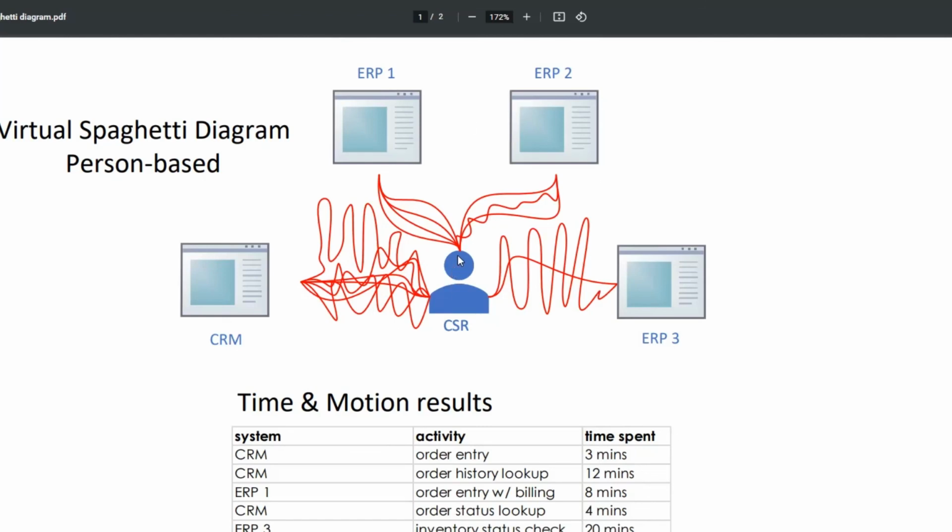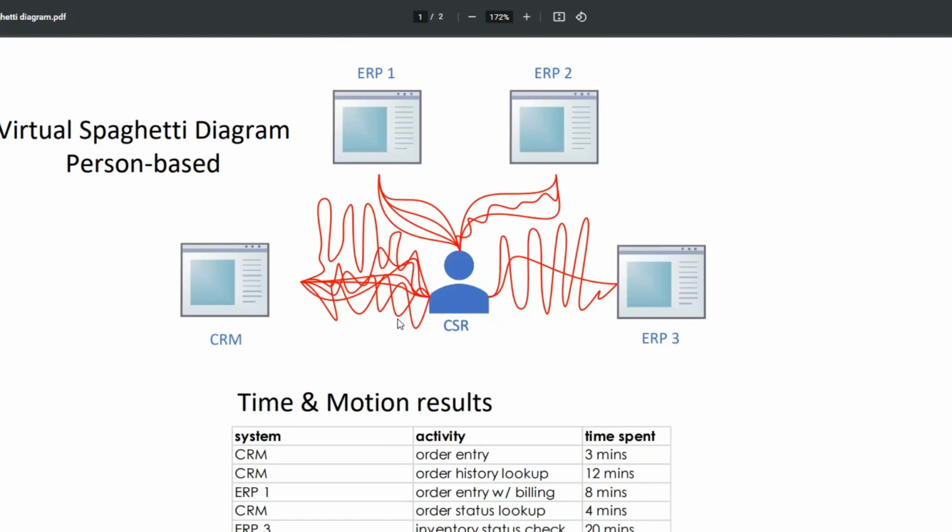And so you can show a picture that this person's interactions with ERP1 are pretty slick. They're pretty easy. There's a lot of variation in CRM because they use it a lot. There's a lot of lines going over there. Some of them take a long time, some of them don't.